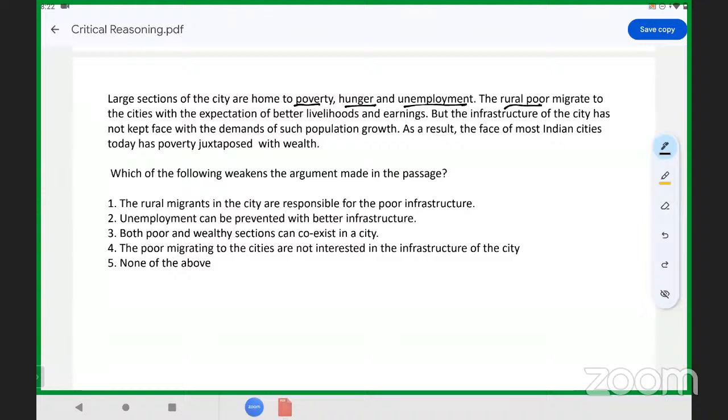The rural poor migrate to the cities with the expectation of better livelihoods and earnings, but the infrastructure of the city has not kept pace, which means it has not been able to cope with the demands of such population growth. Now, which population growth? The rural migration, which is happening. As a result, the face of most Indian cities today has poverty juxtaposed with wealth. Okay, so we'll start looking at the options first.